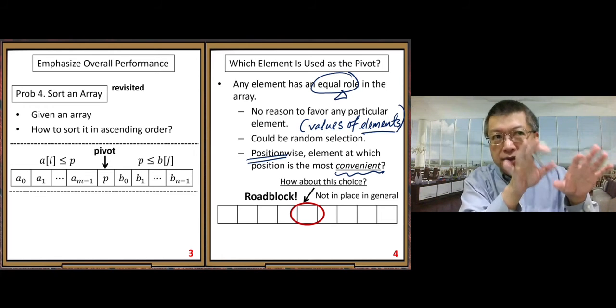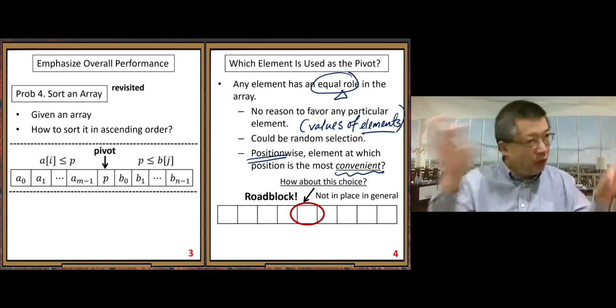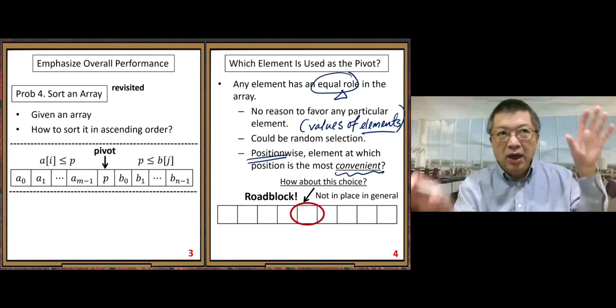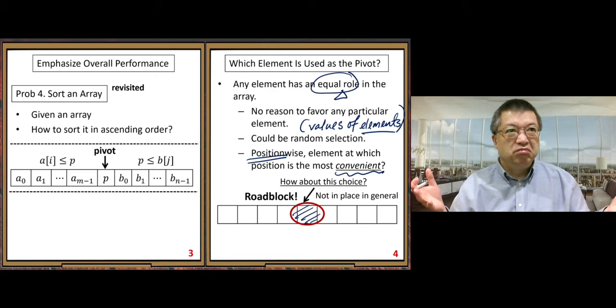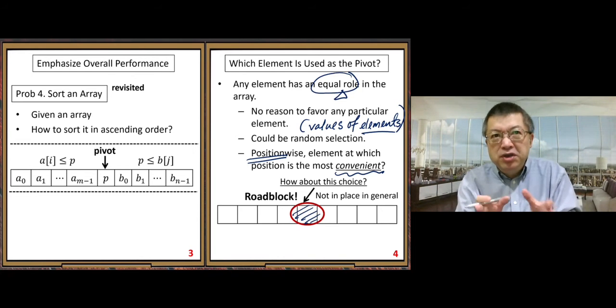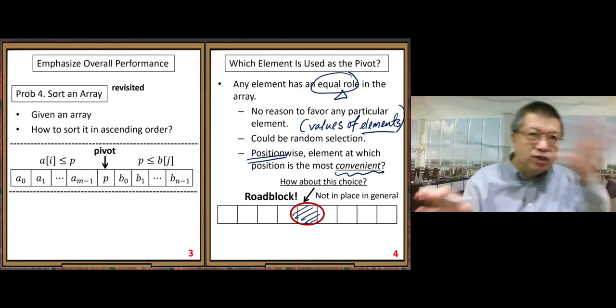In order to do that, we need to move elements around, right? And we have to move elements in this array. When you move around, somewhere in the middle is the roadblock, right? You have to consider this position. Move to its left, move to its right.